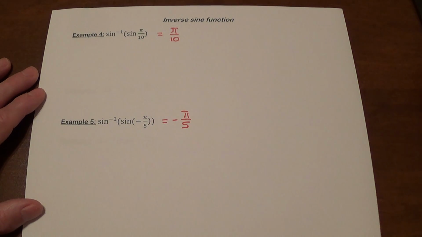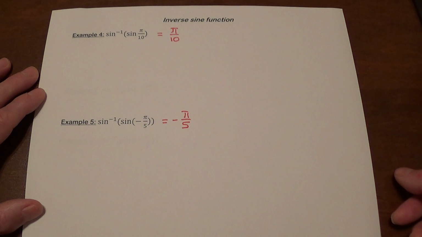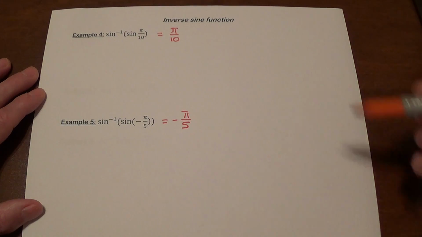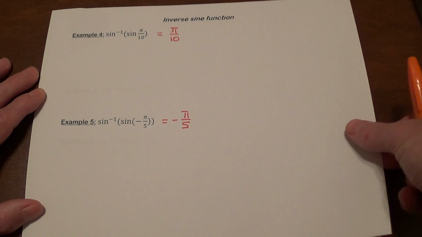But what is going to happen with some of the angles? Is it always going to be as simple? Because sometimes students look at this and they go, oh, I got it. One thing cancels the other and you're just going to have this value here. Not quite.